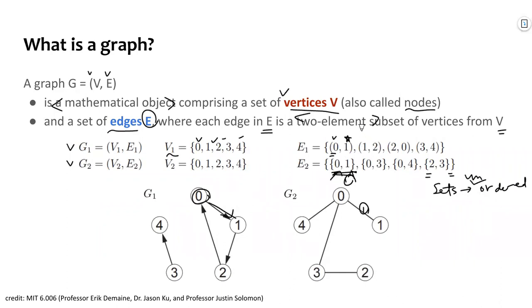And (0, 1) and (1, 0) are different because (1, 0) represents this edge that starts from 1 and ends up at 0. So these concepts are pretty straightforward, and sometimes we call this kind of graph a directed graph.